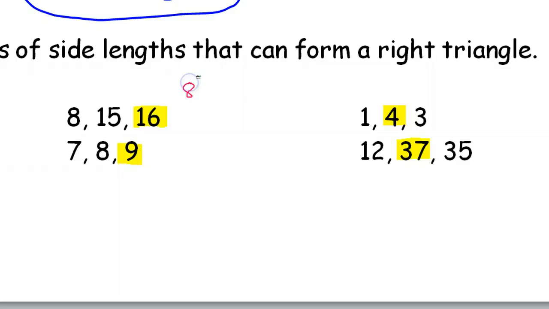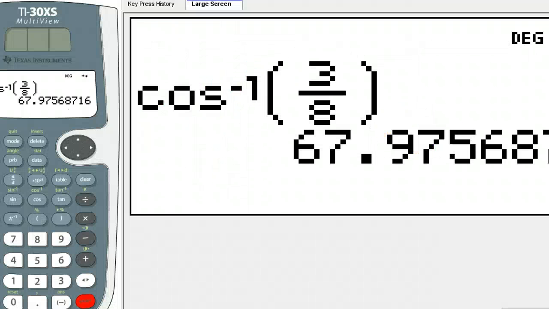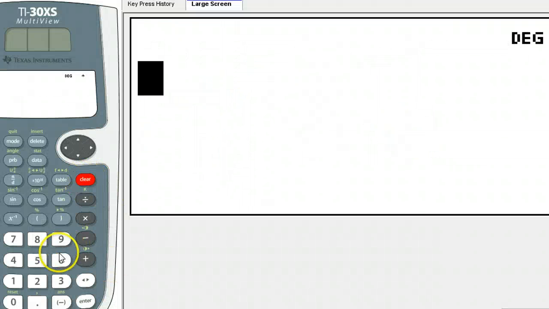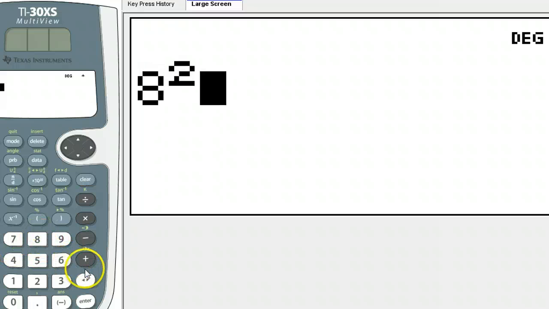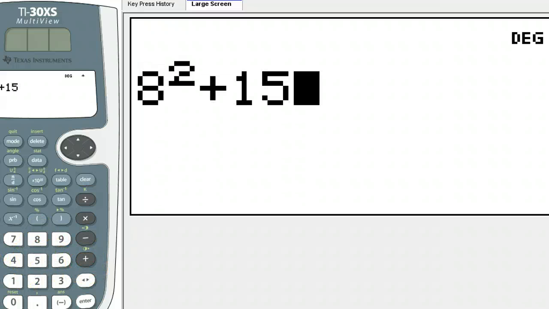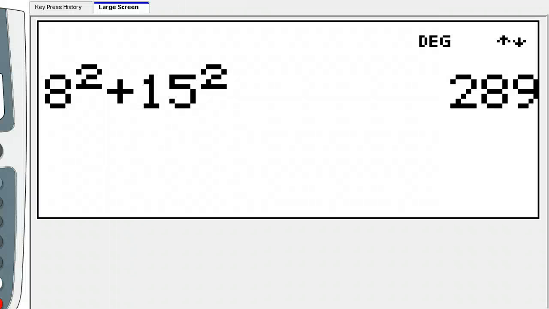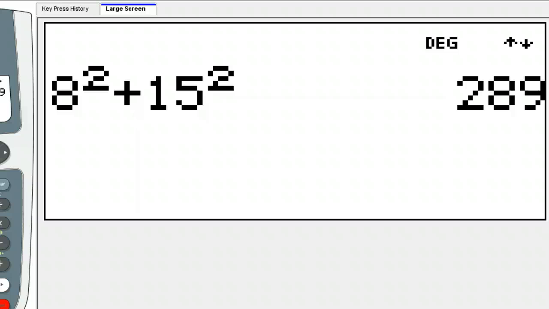So the question is, does 8 squared plus 15 squared equal 16 squared? I'm going to need a calculator for this. So 8 squared plus 15 squared, that is 289.